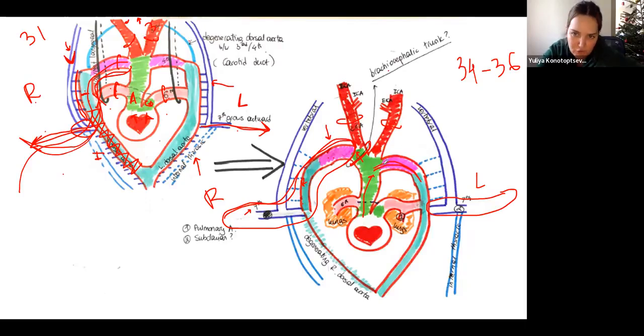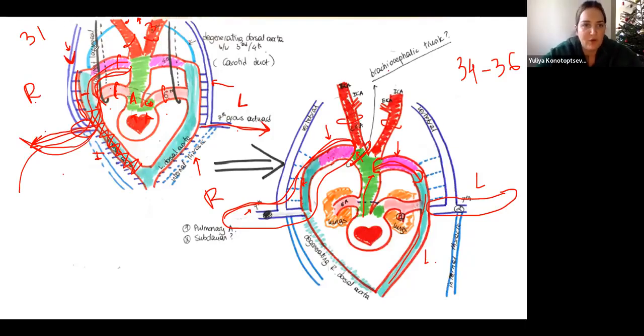So this is arch of the aorta, and it comes from the 4th aortic arch. A bit of it comes from the aortic sac, and a bit of it comes from the left dorsal aorta. The rest of the aorta, so your descending or thoracic or abdominal aorta, will come from the left dorsal aorta, right? So the rest of it is the left dorsal aorta.